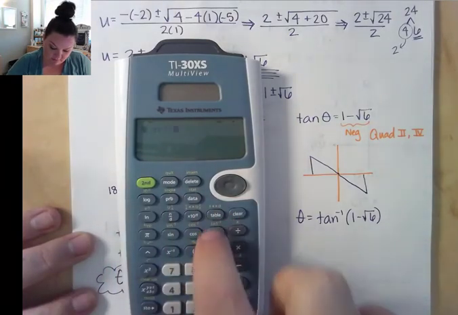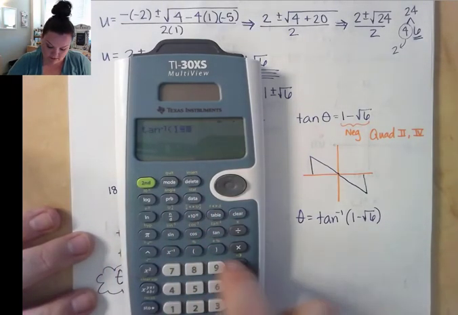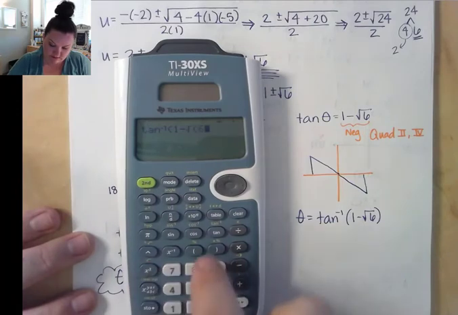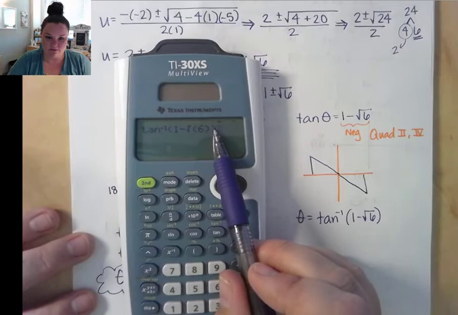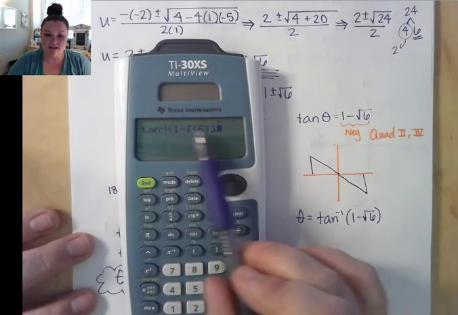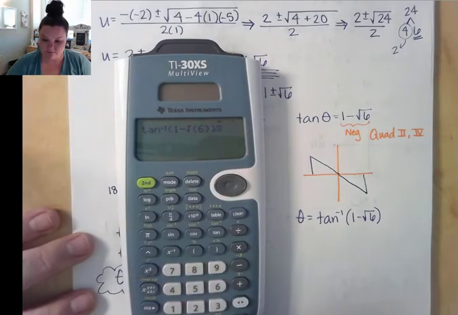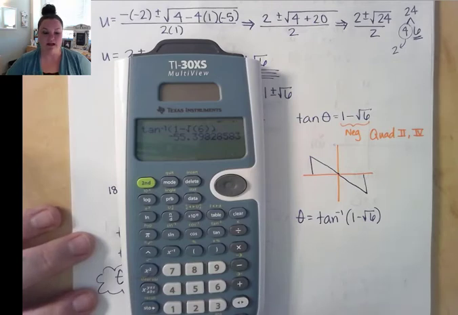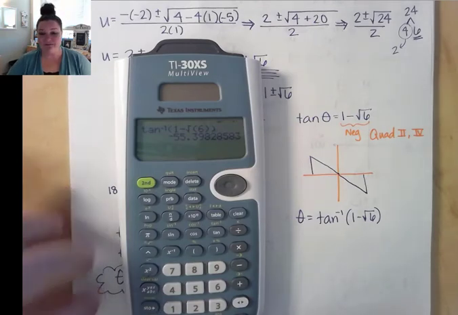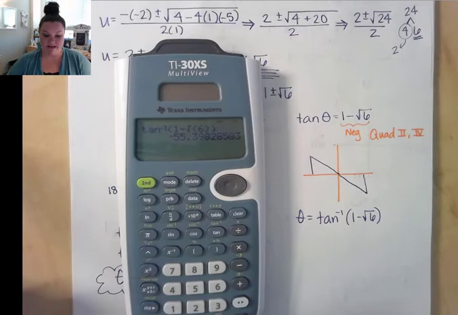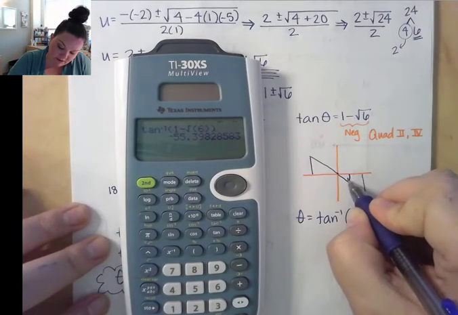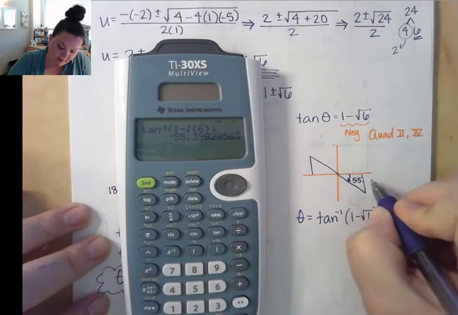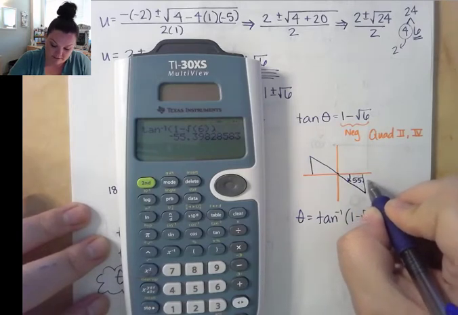Make sure you close the parentheses on your square root and then close the parenthesis of the whole thing you're plugging into your inverse function. And that gives me negative 55.39. Now that means going from here in this direction, I get 55.4 basically.